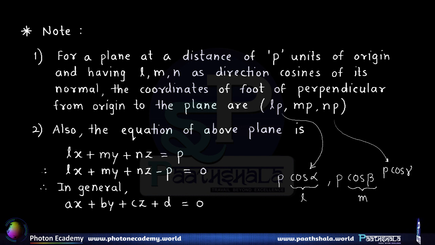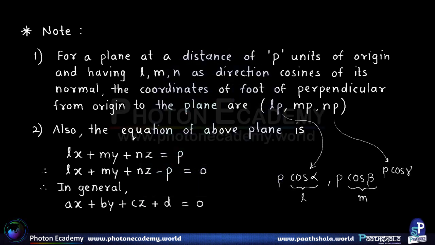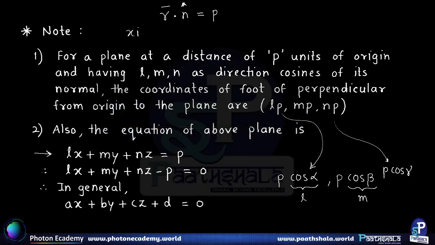Secondly, the equation of the plane then becomes lx plus my plus nz equal to p, because if you recollect, r bar dot n cap is equal to p. Now r bar is a position vector of any generic point in the plane, so we can write it as definitely x i cap plus y j cap plus z k cap, isn't it? That's the generic position vector.